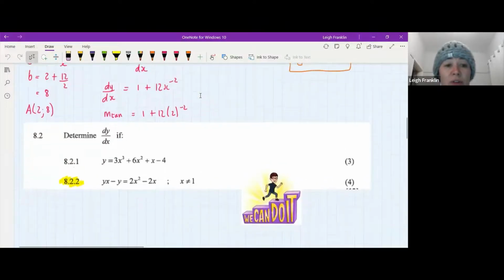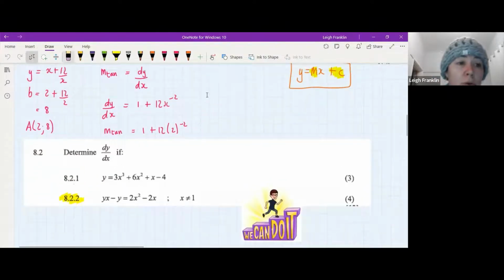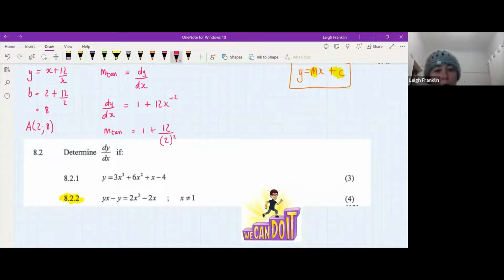Or if you wanted to, you could take it into the denominator and make it positive, completely up to you. It's not going to make any difference. So that would be 12 over 2, and then that would have to be squared. Okay, so that's going to be 12 divided by 4.